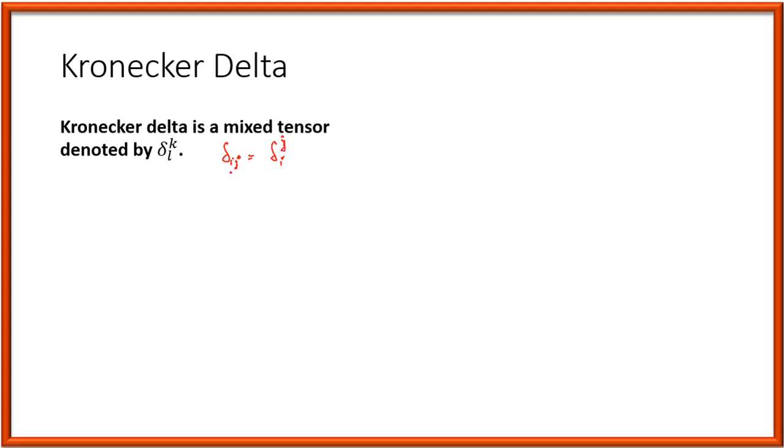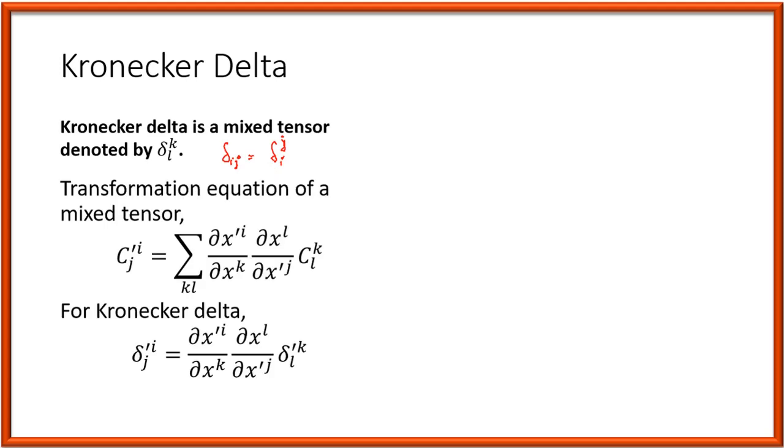If I write it in this form, then it turns out to be a covariant vector. But this representation of Kronecker delta, where one index comes to the subscript and another goes to the superscript, is the apt representation, because Kronecker delta turns out to be a mixed tensor. So let us see whether Kronecker delta is actually a mixed tensor.